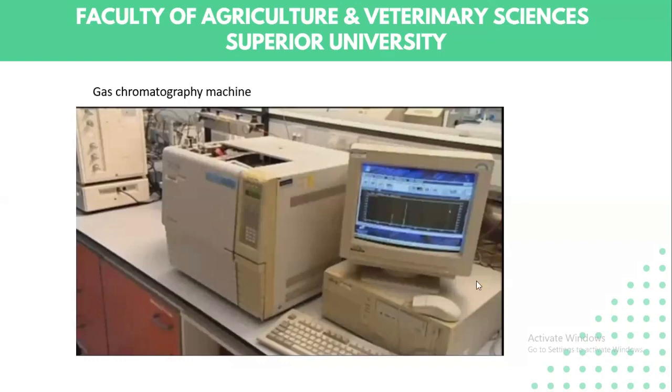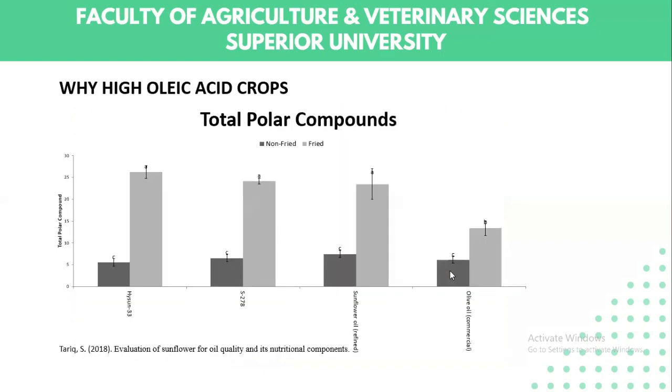Next one. So I have told you earlier why we want to breed a high oleic acid crop: we want to have oxidative stability. So here is the map that shows you the polar compounds in an oil that was extracted from Hyson 33.